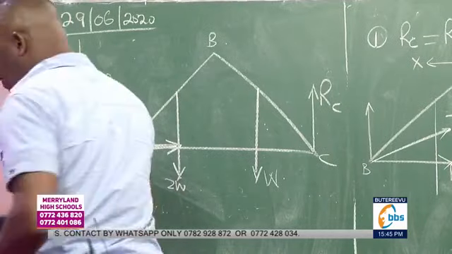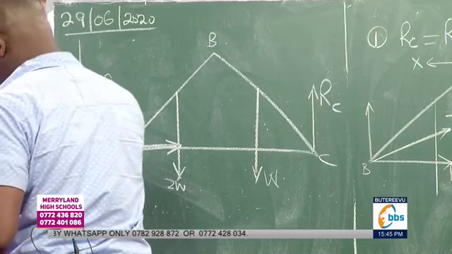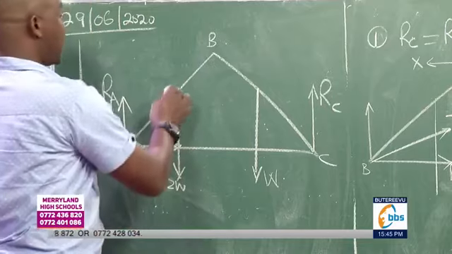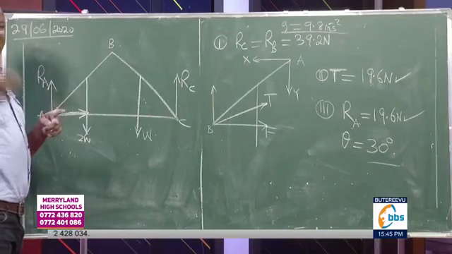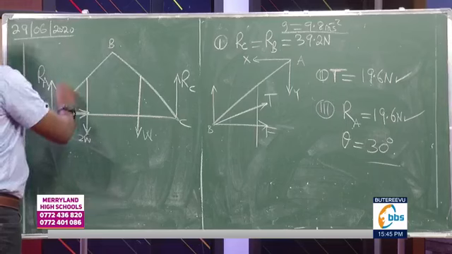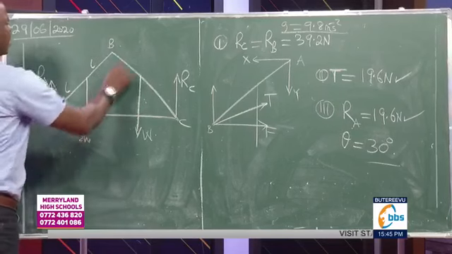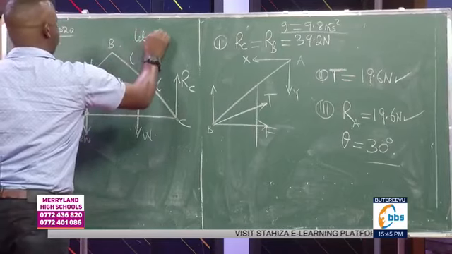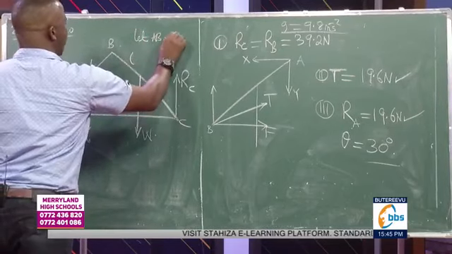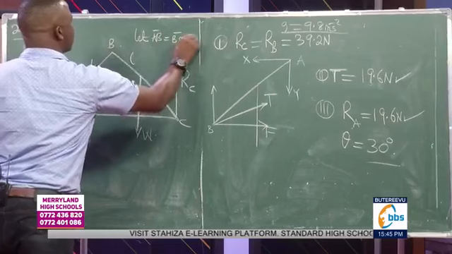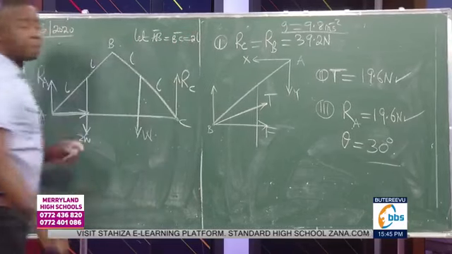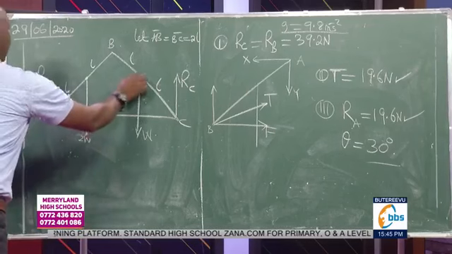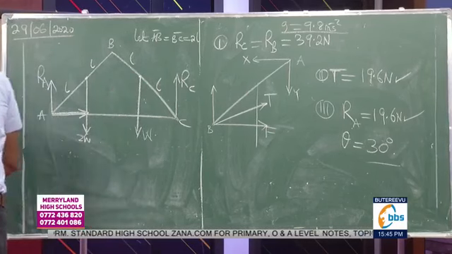When they give you the same length, it is better to put a multiple of that length. We can say it is 2L. So we let the length AB be equal to BC and be equal to 2L. That implies that the weight acts halfway along the length, with L on one side and L on the other.